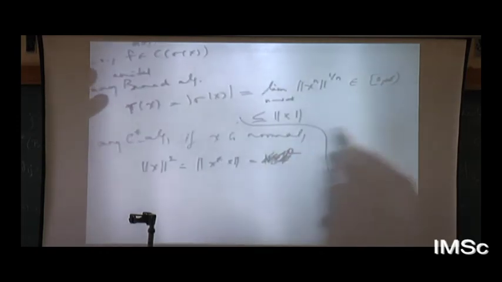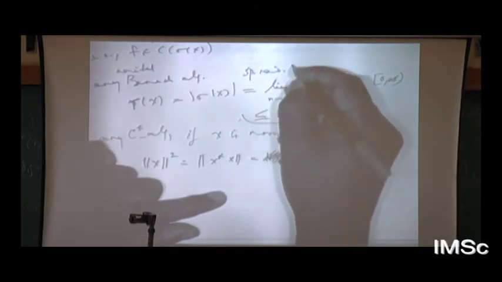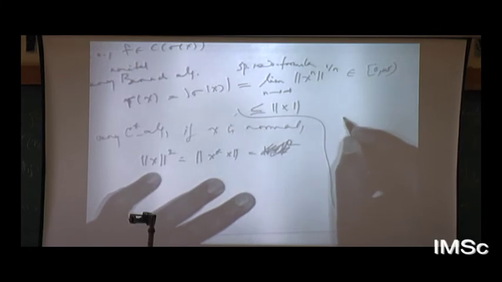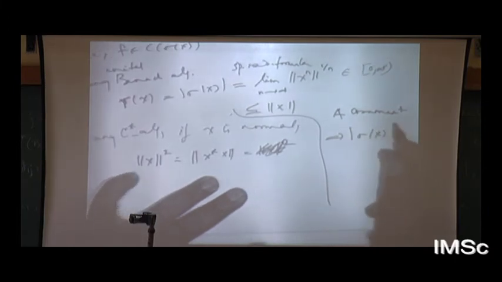I want to observe that this so-called spectral radius formula tells you that in fact if A is commutative, mod sigma x is submultiplicative.